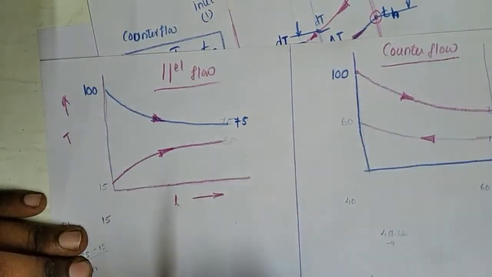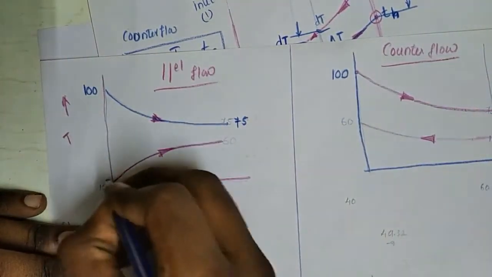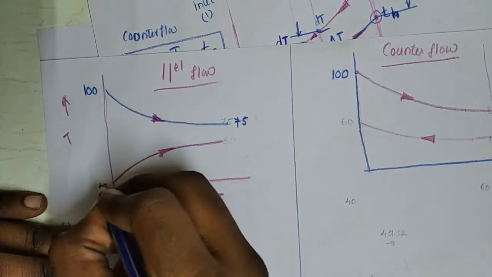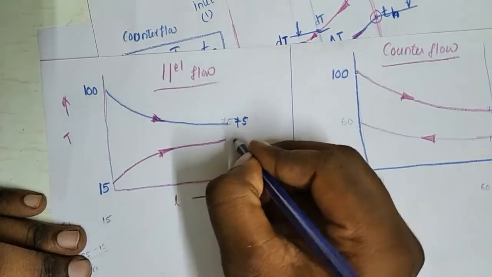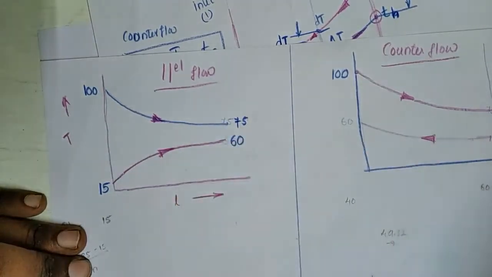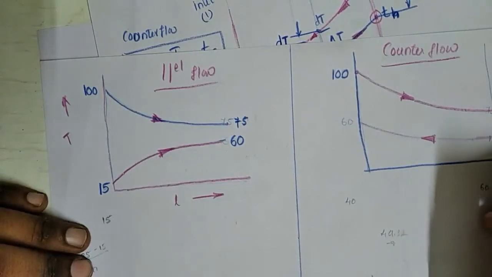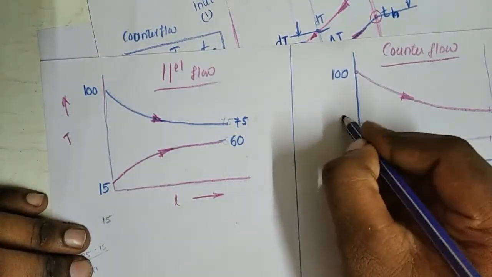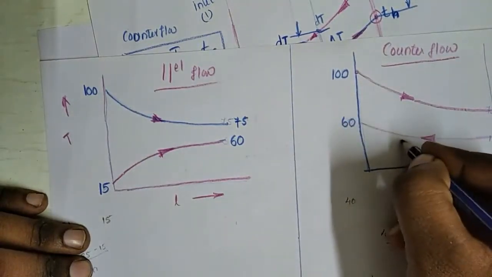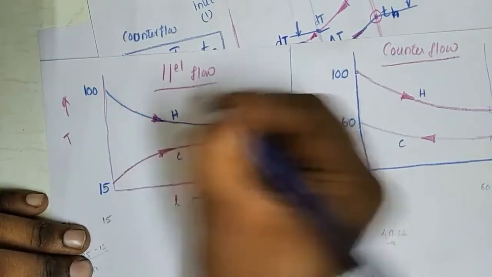Now, the inlet temperature of the cold water in parallel flow is 15 degrees Celsius, and after the heat exchanging process it rises to 60 degrees. Similarly for the counter flow, 15 and 60. This is for cold, this is for hot.